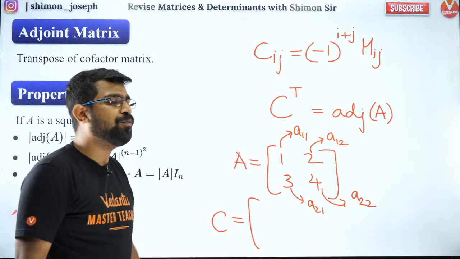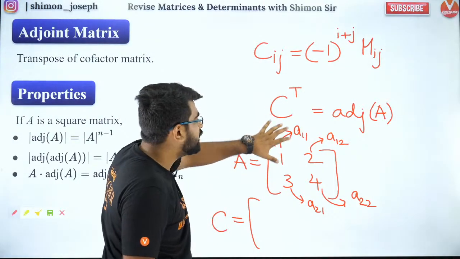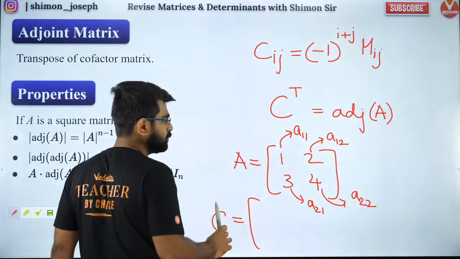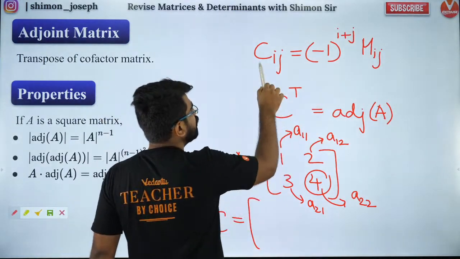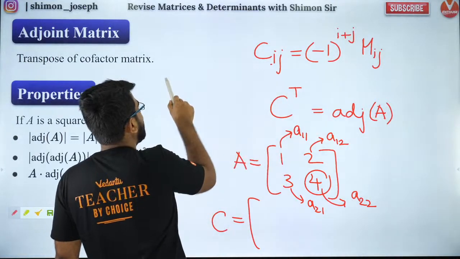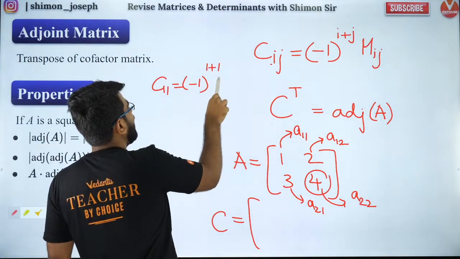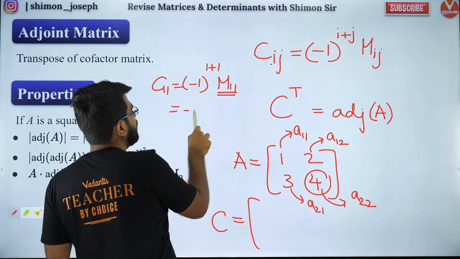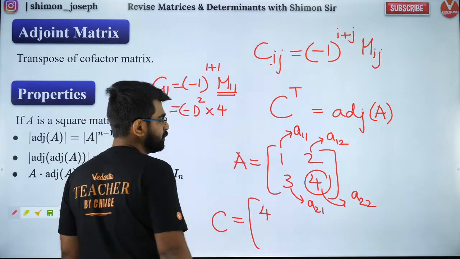If you want to find the minor of A11, you hide the first row and the first column. So minor of A11 is 4. So C11 is equal to (-1) to the power 1 plus 1, M11. M11 was 4, so it will be (-1) square into 4, which will be just 4.